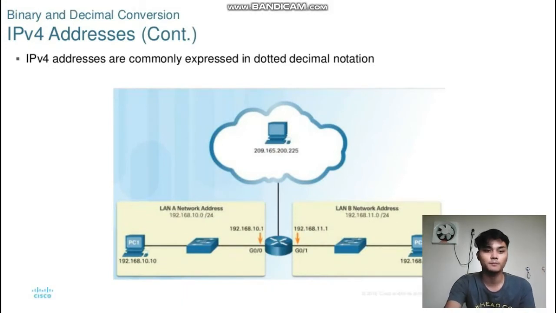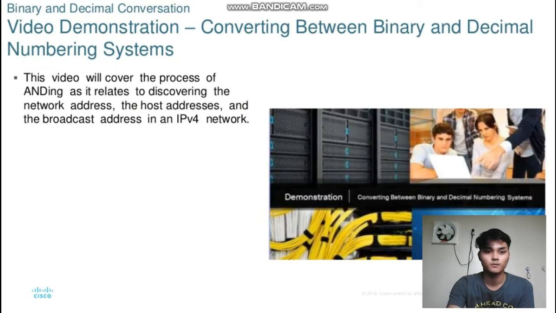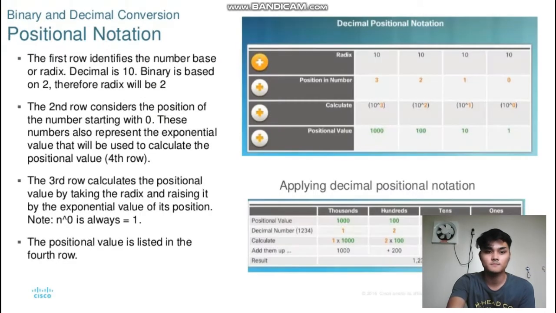IPv4 addresses are commonly expressed in dotted decimal notation. So we have a positional notation. The first row identifies the number base. As you can see, we have the radix, position number, calculate, and positional value.